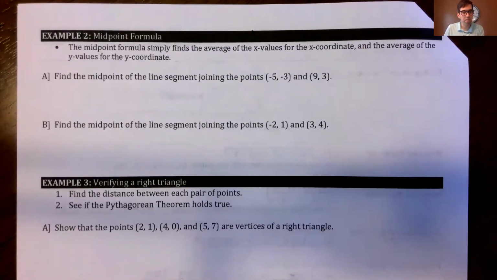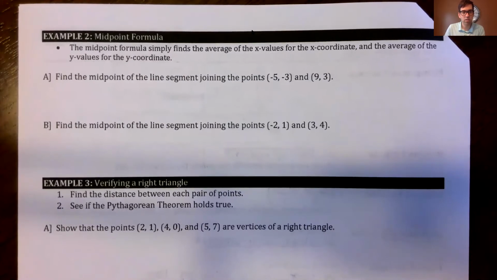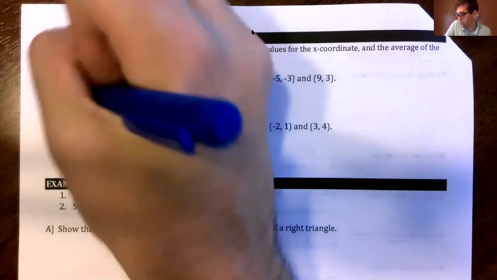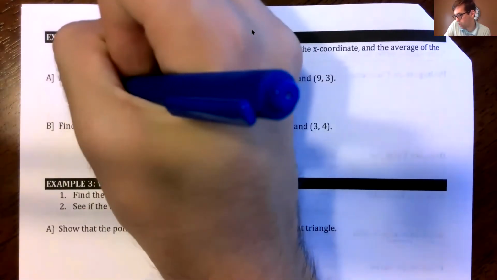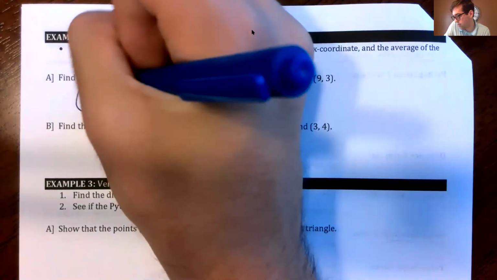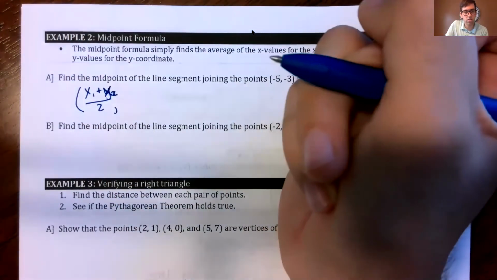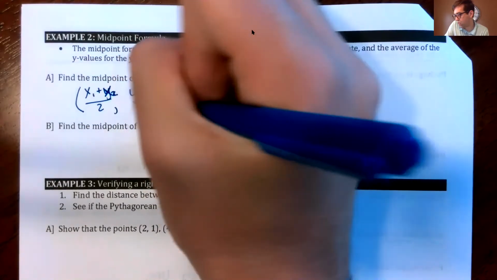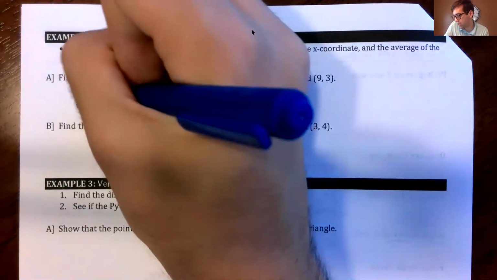Letter A, find the midpoint of the line segment joining points -5, -3, and 9, 3. So we take that formula, which was x1 plus y1 over 2, whoops, I messed that up. It's x1 plus x2 over 2, y1 plus y2 over 2.